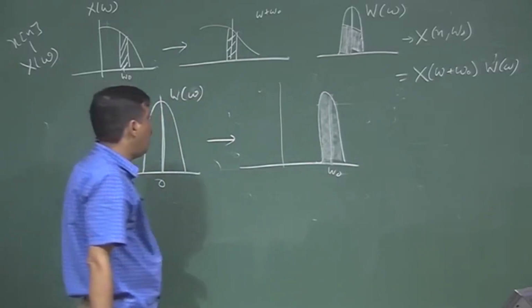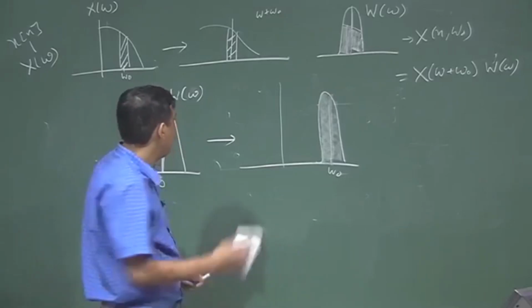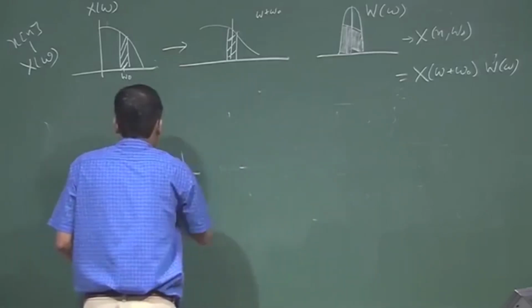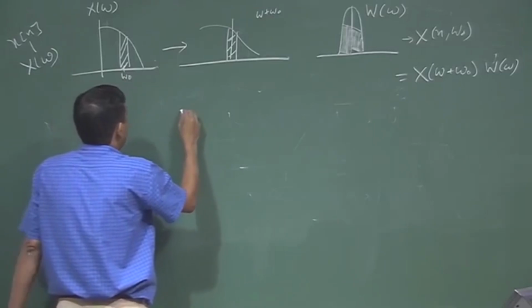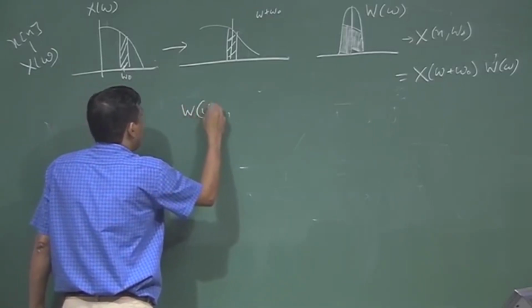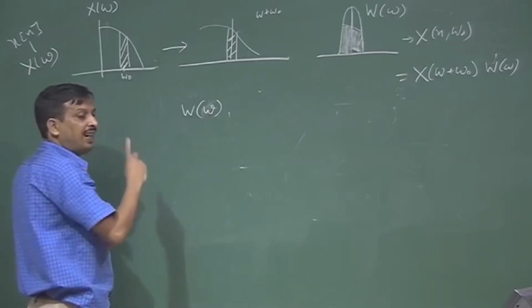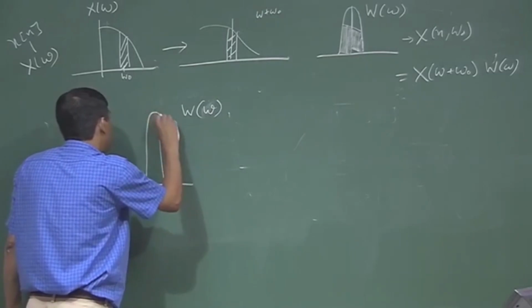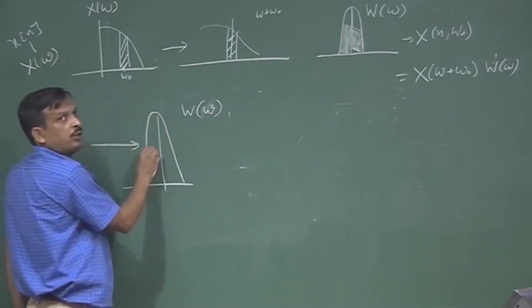What I want to do is, instead of writing W, get the W omega, the frequency response of the window, and pass the baseband signal with the frequency response of the window.